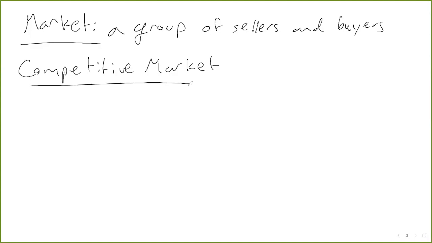And a competitive market is a special case of a market. A competitive market is also a group of buyers and sellers, but one where there are many buyers and sellers, such that any buyer or seller has a negligible effect on the price.